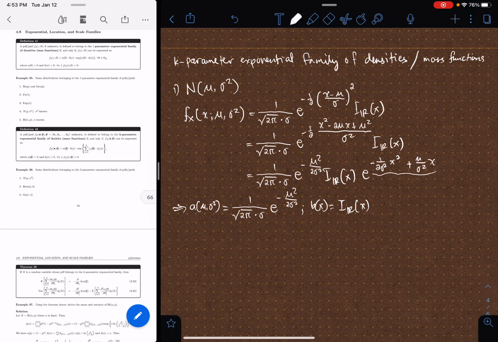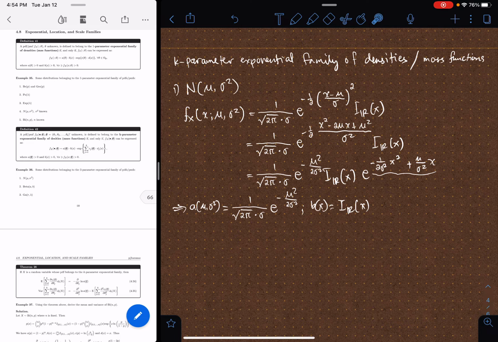Exponent ng e. Dapat masulat daw yan as a sum. Nakasum naman yan, di ba? Sum ng function of parameter times x. Okay, which is true naman kasi, di ba ito? Parameter, function of parameter, tas x squared. Function of parameters times a function of x. So, a function of the parameters times a function of x.